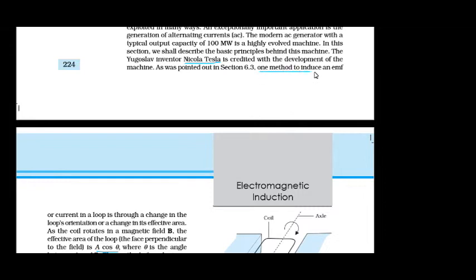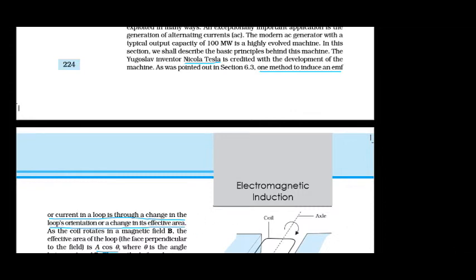One method to induce an EMF or current in a loop is through a change in the loop's orientation or change in effective area.